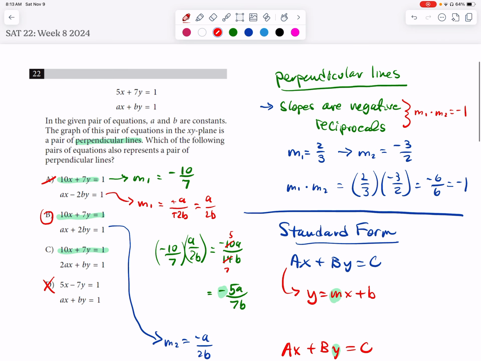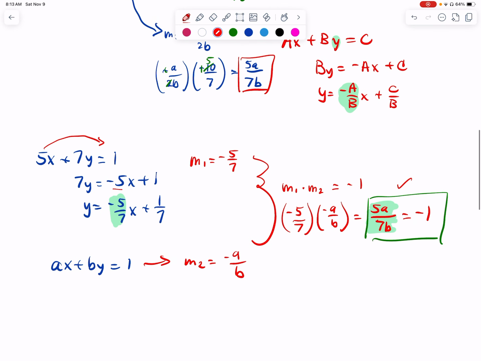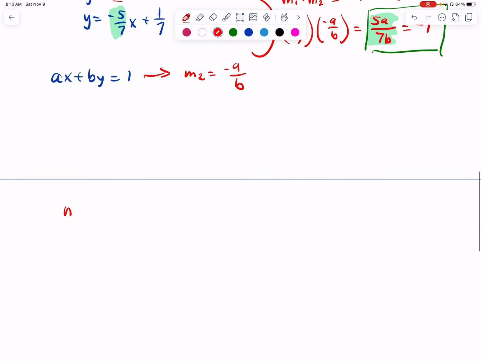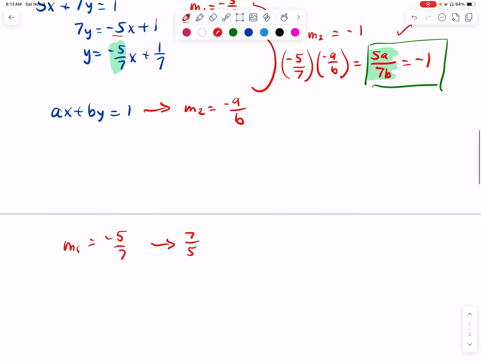Okay, so remember that we said that the slope of our first line was equal to negative 5 over 7. So the slope of anything perpendicular to this should be the negative reciprocal of that. This one's already negative, so mine's going to be positive, and then I flip it over, and it should be 7 over 5.